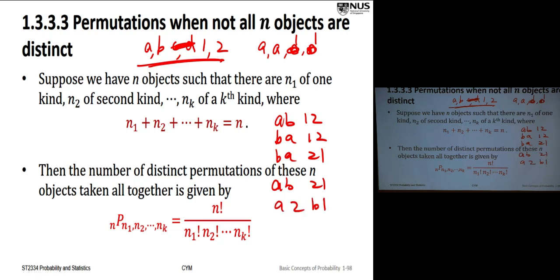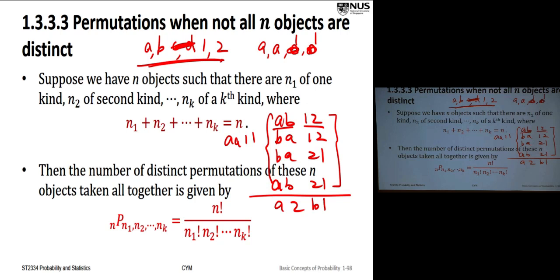But now you look at these 4, there are 4 different arrangements. But if now I replace all the B's by A's, then this becomes AA, and replace the 2 by 1s, this becomes 1, 1. So all become AA, 1, 1 for these 4. So they will be treated as 1.